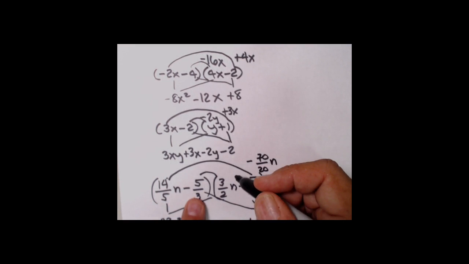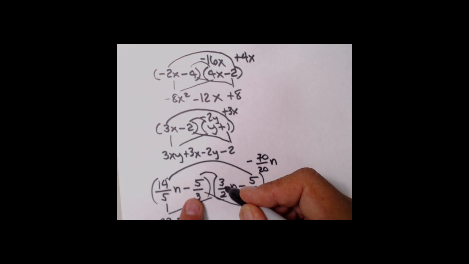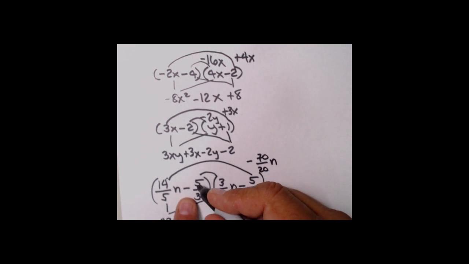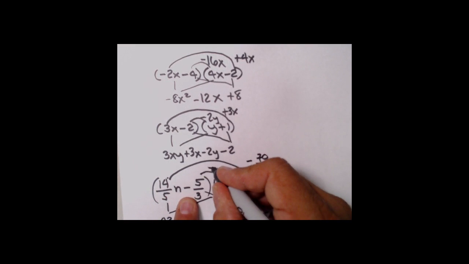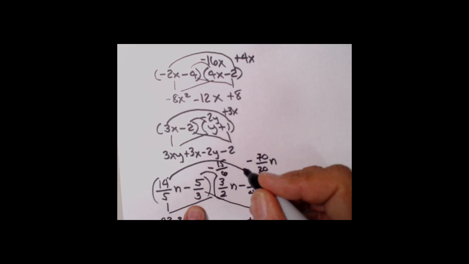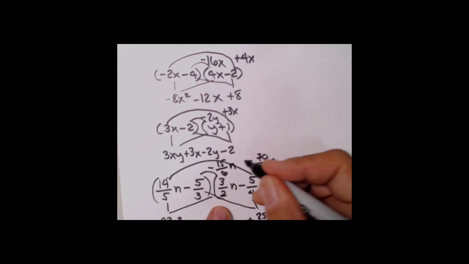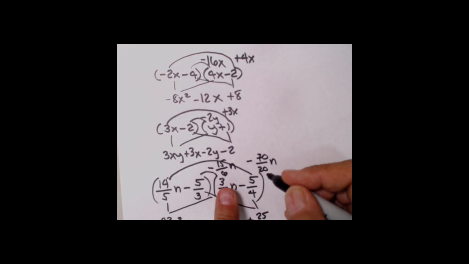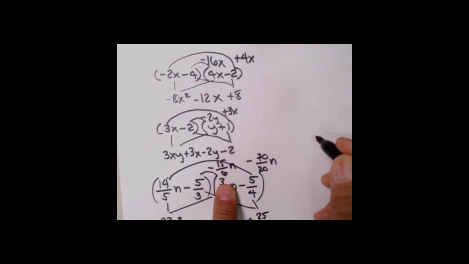Now, the little rainbow, the inner product, negative 5 times 3, so we get negative 15 over 3 times 2, this is 6, and n. Well, we can combine these, but we need a common denominator.